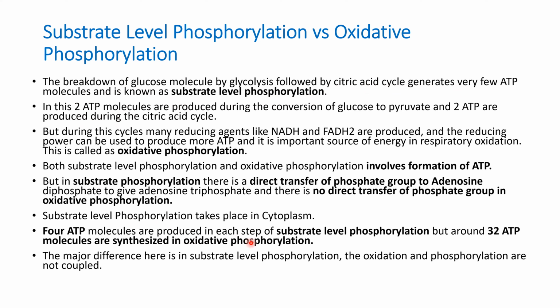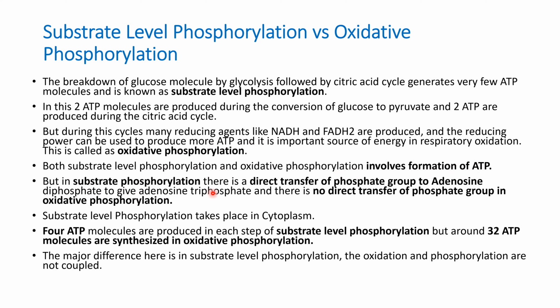In these cycles, many reducing agents like NADH and FADH2 are produced, and the reducing power can be used to produce more ATP. That's why there is a greater number of ATP produced as compared to substrate level phosphorylation. Both involve formation of ATP. That is the similarity point.